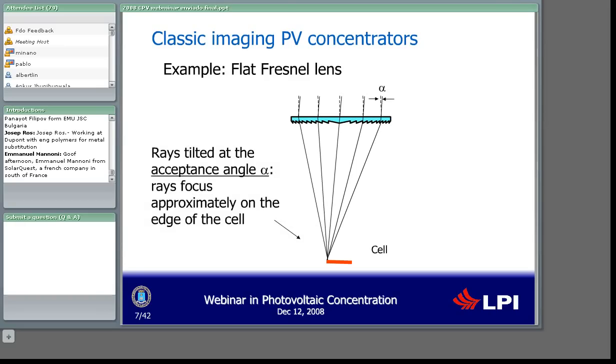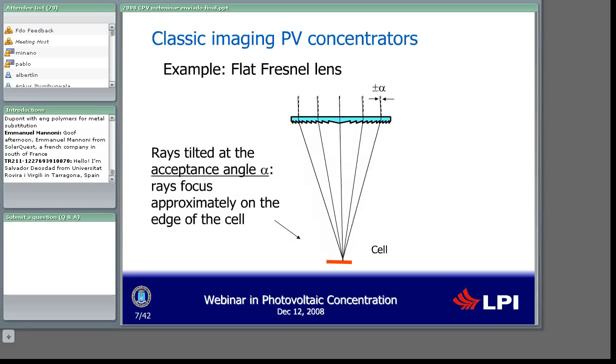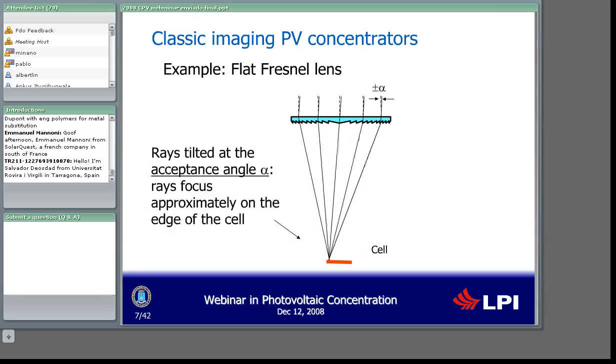When the light is tilted, the rays move on the cell. The acceptance angle is the angle at which the rays approximately focus on the edge of the cell. This acceptance angle gives us an idea of the tolerance of that system, and we will call it the tolerance angle. As we will discuss later, it affects not only the tolerance of the tracking, but the tolerance of the manufacturing and in general the tolerance of the system.